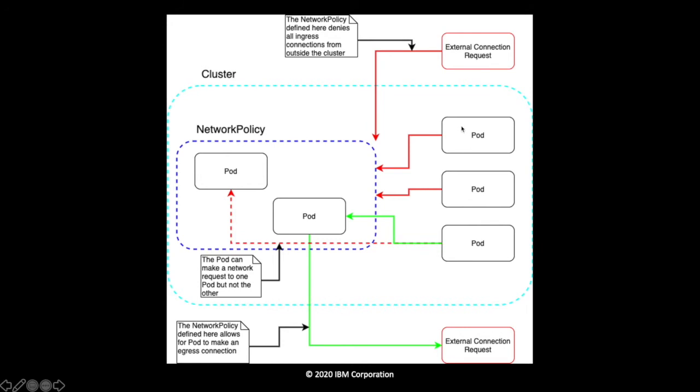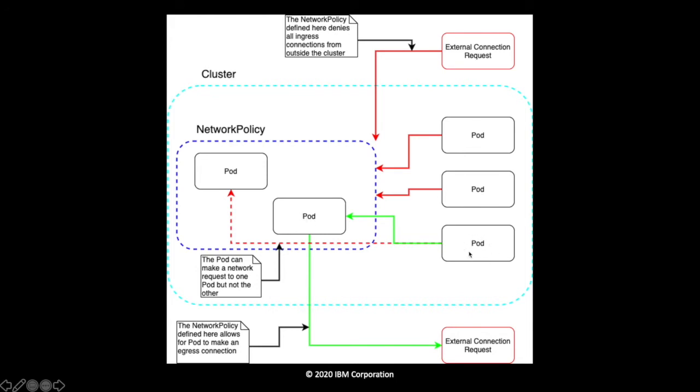So let's start with the pods and then we'll get to the external connections. We have pod A in the top left here and pod B in the bottom right here. Pod C tries to make a network connection request to pod B. And we see this green arrow indicating that the network policy explicitly states that this pod can receive traffic requests from this pod.